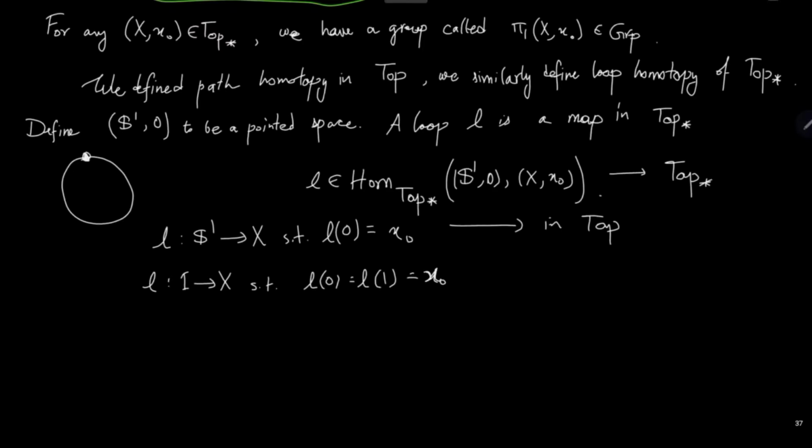But then you have to see this diagram where S1 is basically the identification of I along with these points. I comma 0 is a very nice pointed space.